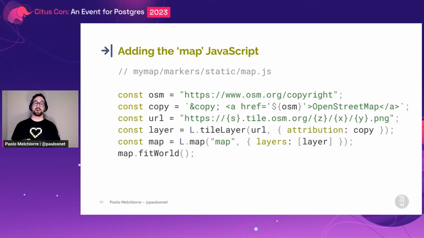In our JavaScript file, we add the code to view our map. Using the defined variables in this file, we initialize an OpenStreetMap layer. We hook the newly defined layer to our map. The last statement sets a map view that mostly contains the whole world, with the minimum zoom level possible.